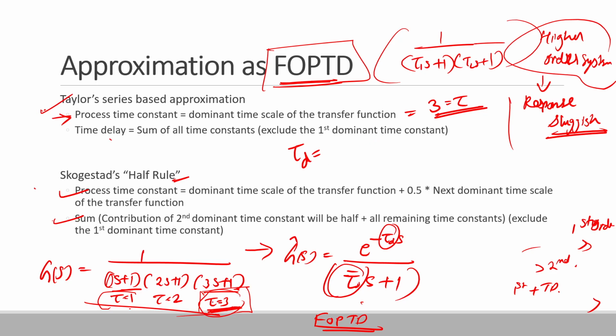Here the first dominant time constant is 3, so we exclude this and sum the remaining two, that is 2 plus 1, which is 3. So the new system, that is the FOPTD approximation, will become e raised to minus 3s upon 3s plus 1.